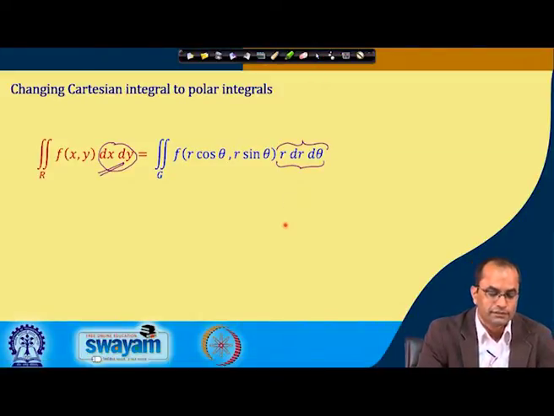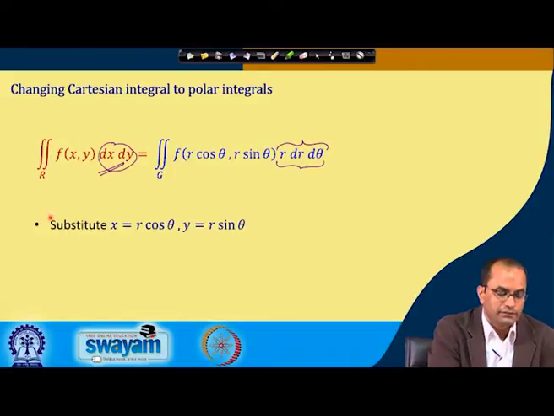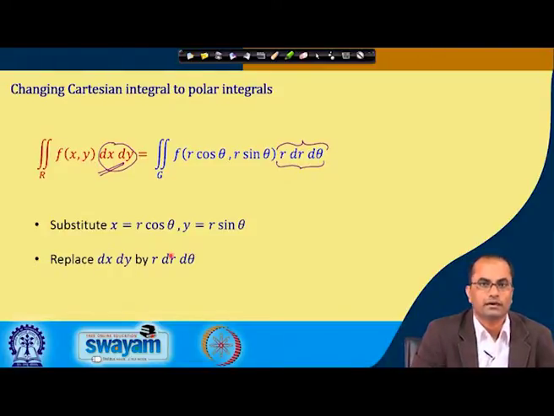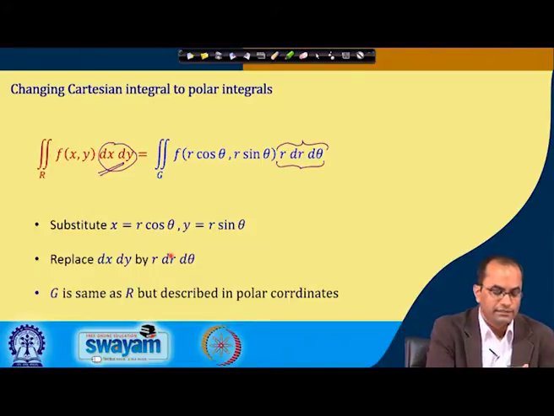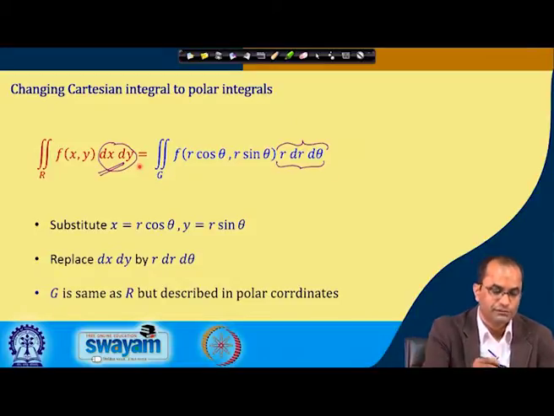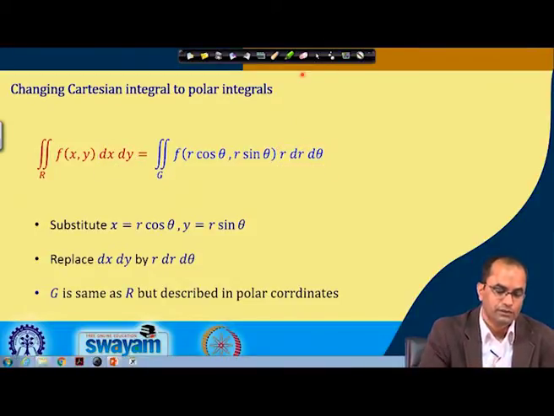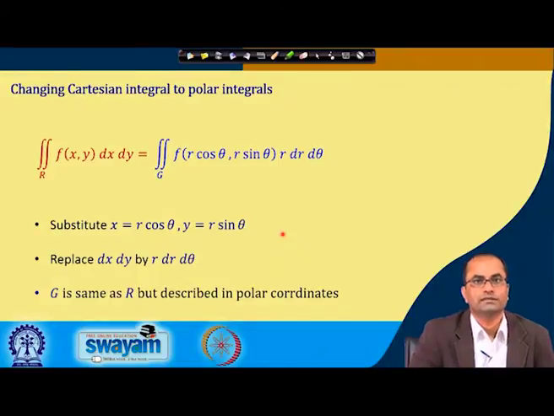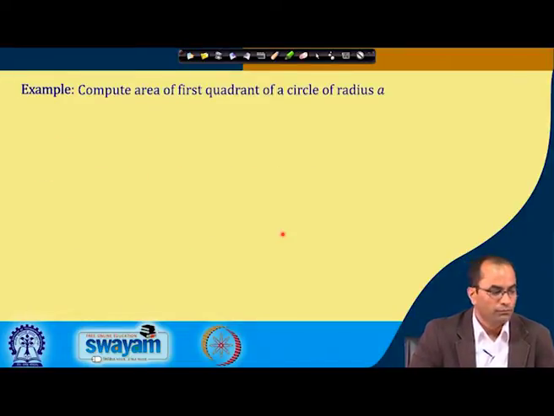So, the steps are that we substitute x is equal to r cos theta, y is equal to r sin theta in the integral, and dx dy is replaced by r dr d theta, and this R is basically the same region, naturally, but now it is described in terms of the polar coordinates. We will see with the help of examples now how to evaluate integrals in polar form.